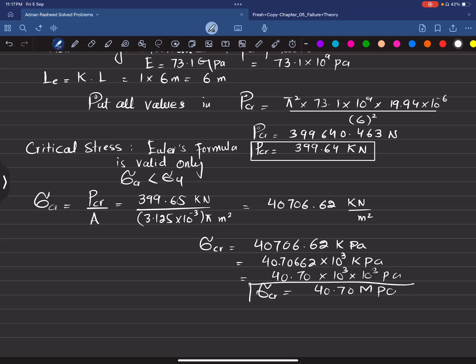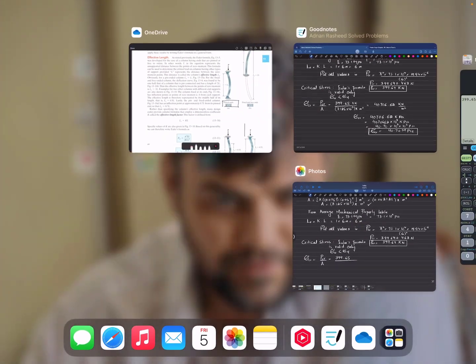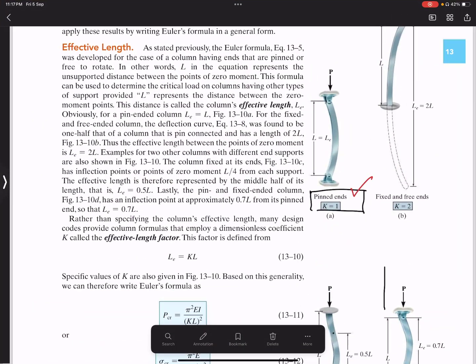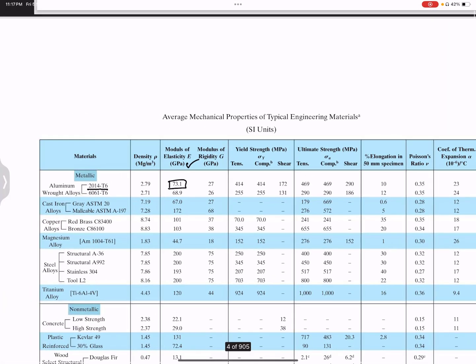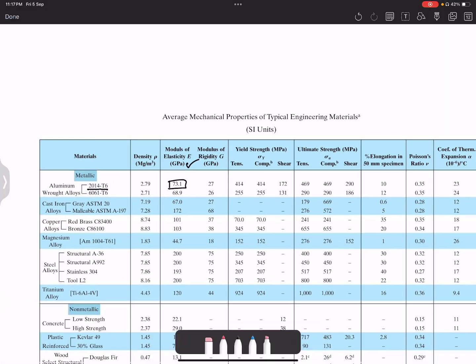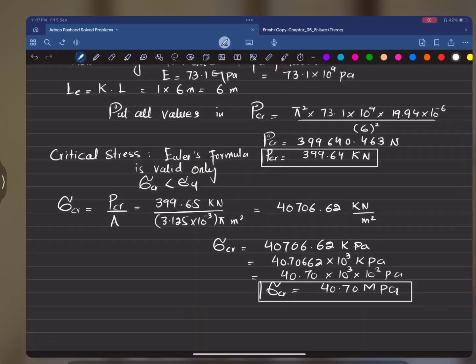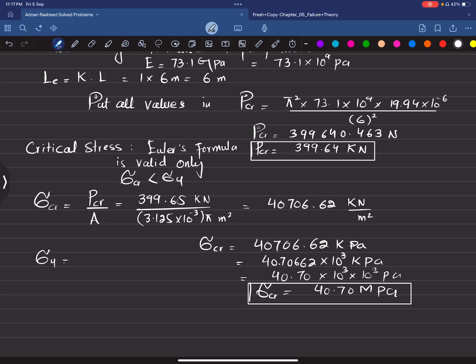Okay, now we will check what the yield stress is. For that I have to go to the end of the book. Here again we will go to the property table, average mechanical property, and from here you can see that the yield stress is 414 megapascal.